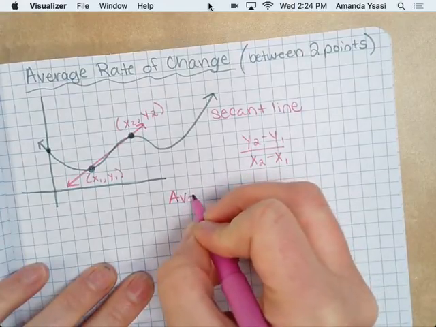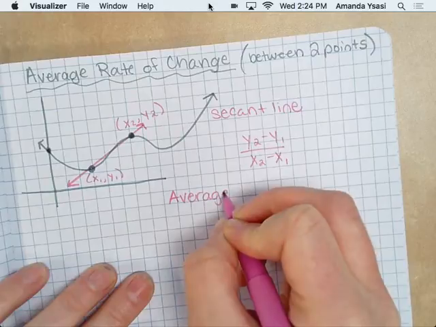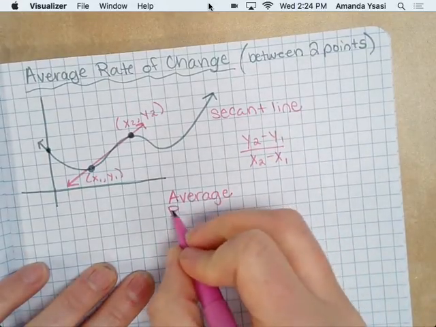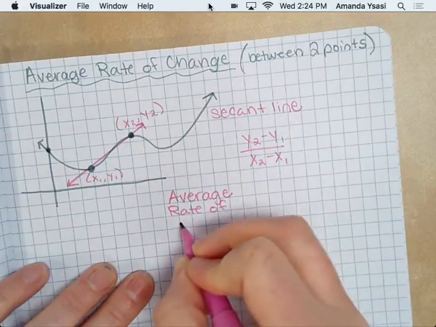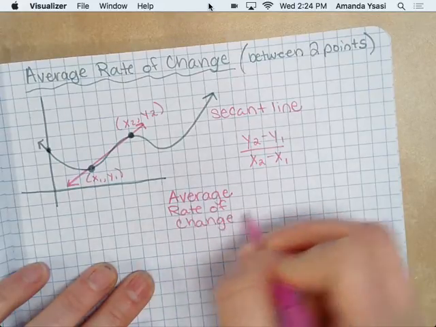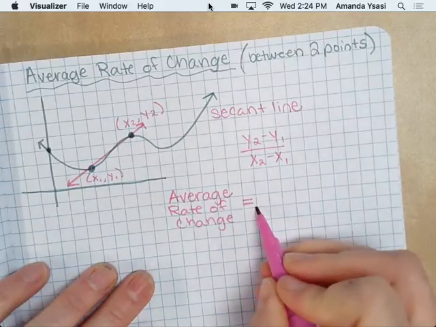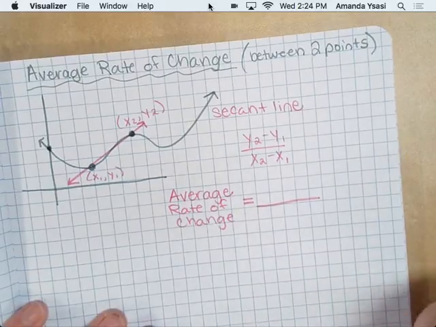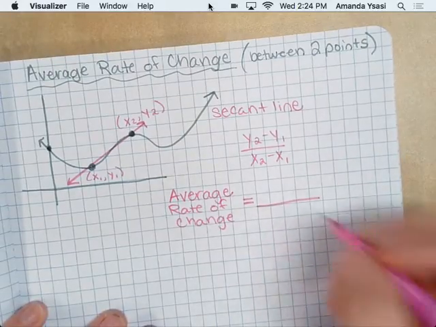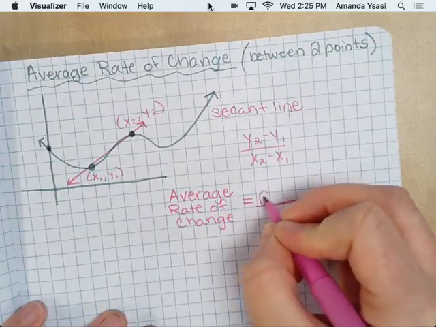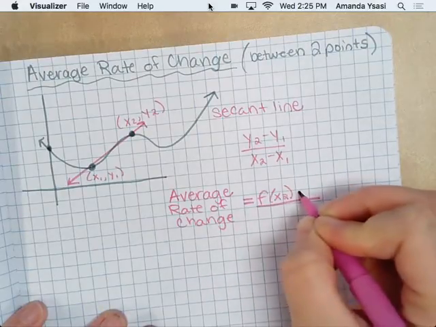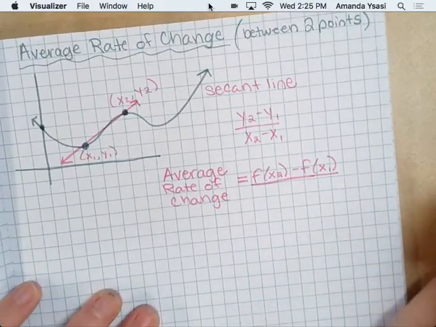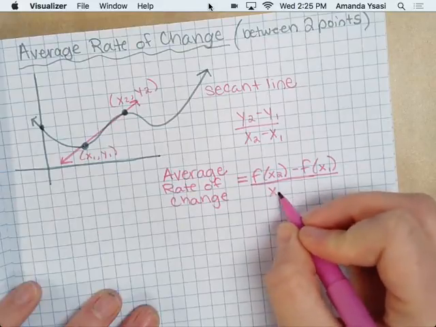But we're going to see a different way of writing this. It still means the same thing, but average rate of change is going to be a different ratio. It's going to be f of x2 minus f of x1 over x2 minus x1.